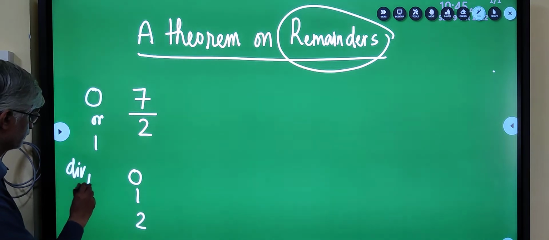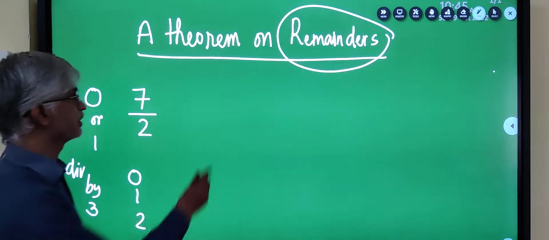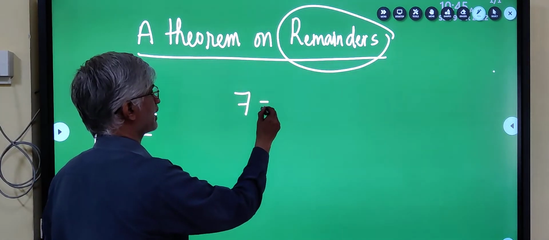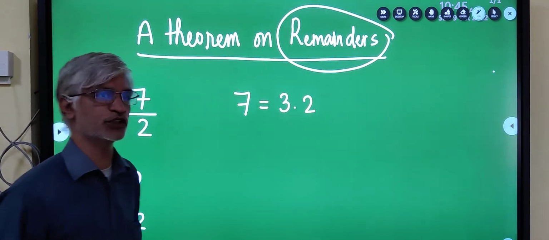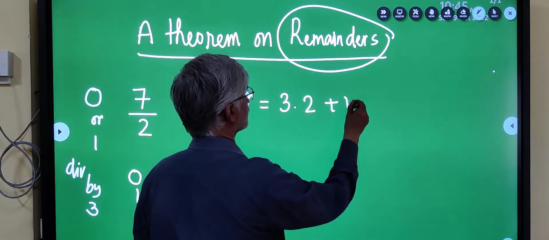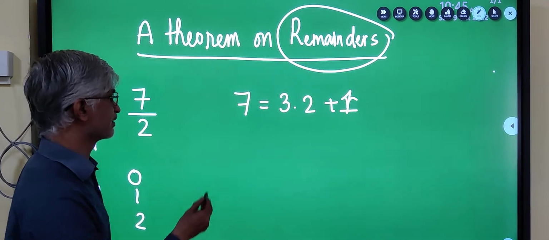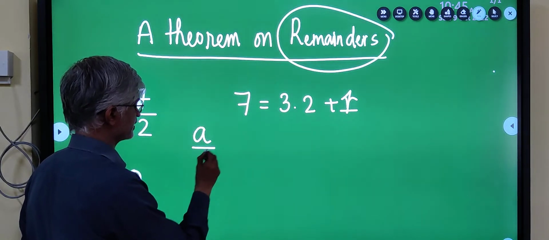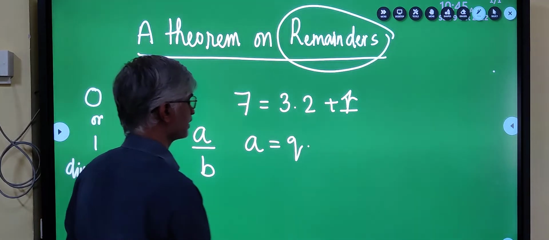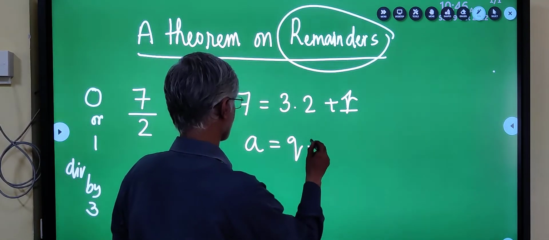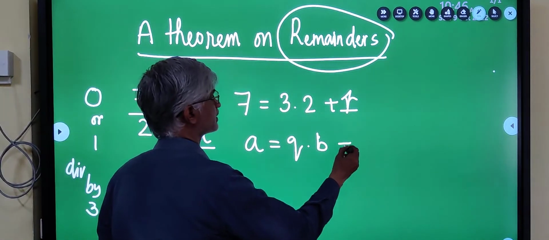Right? So now what happens after you actually carry out the division process? You can express 7 as the quotient times the divisor, in this case 2, plus the remainder, in this case 1. Now this is written in the general form as: if A is divided by B, then A can be expressed as the quotient times the divisor, in this case B, plus the remainder.